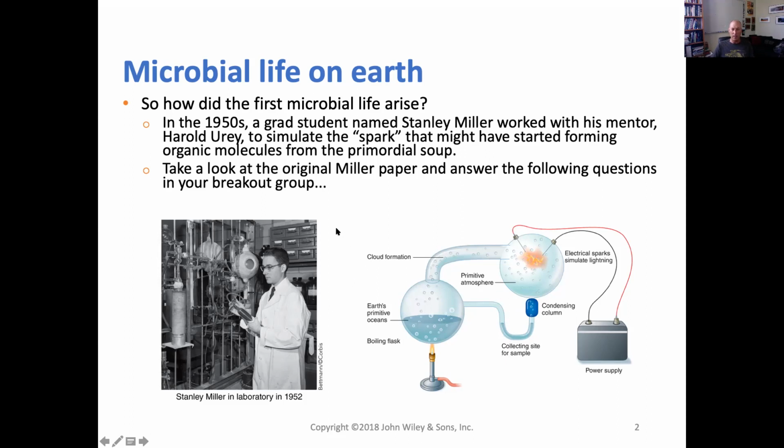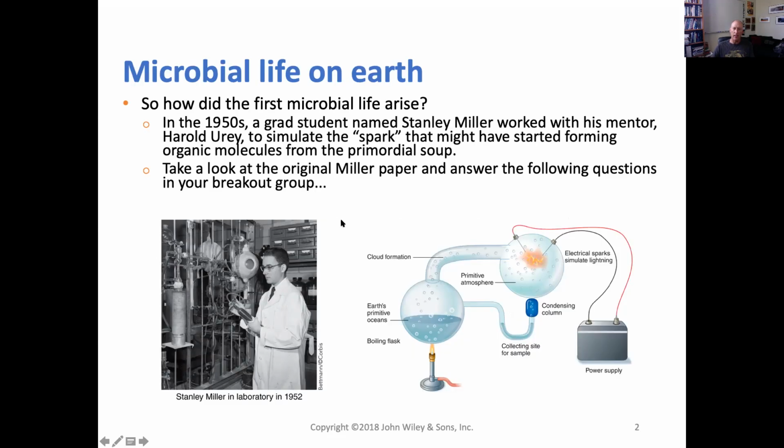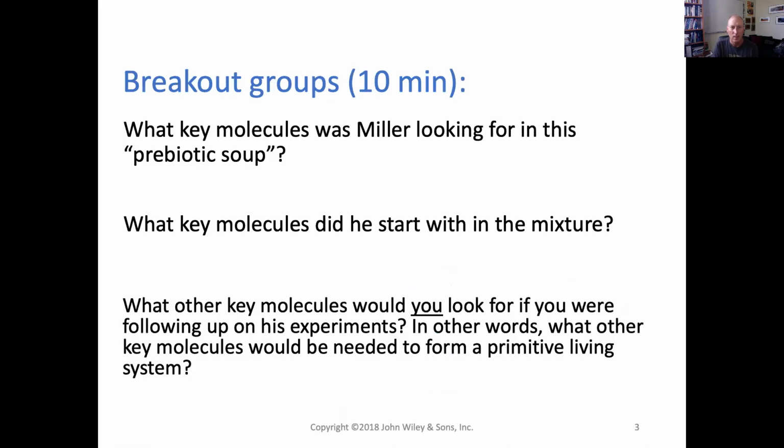So the question is, what did they get? What I'd like you to do is take a look at that original Miller paper, and it's only like 2 pages long. It's on the Camino page, and I'm going to send you in the live class into breakout groups so you can take a look at it and answer some questions.